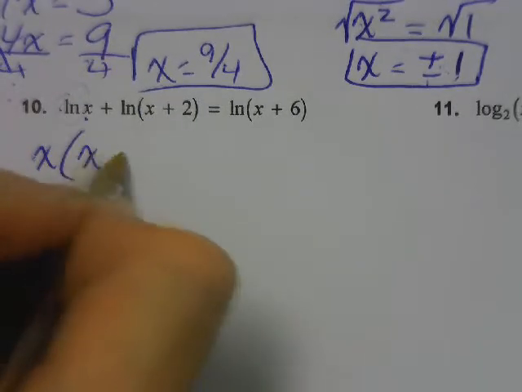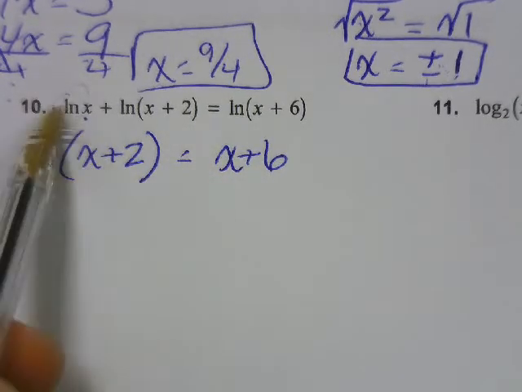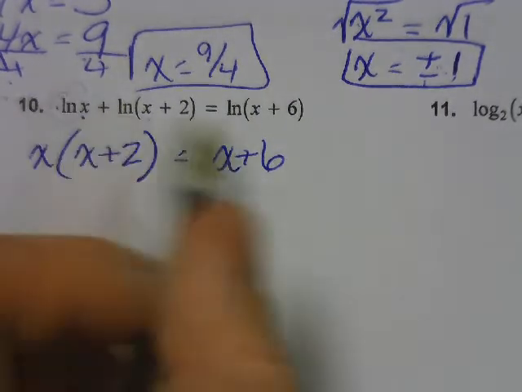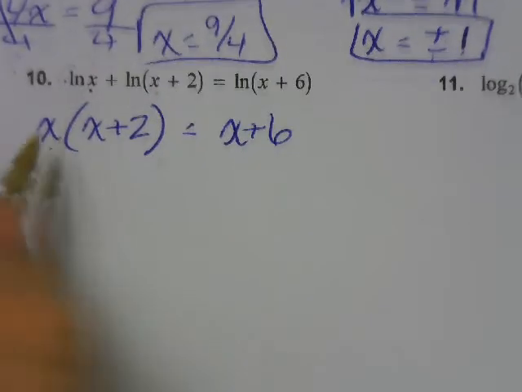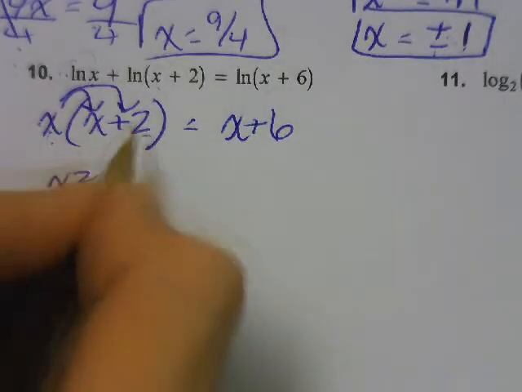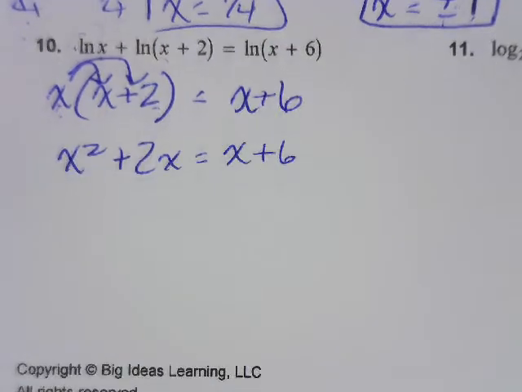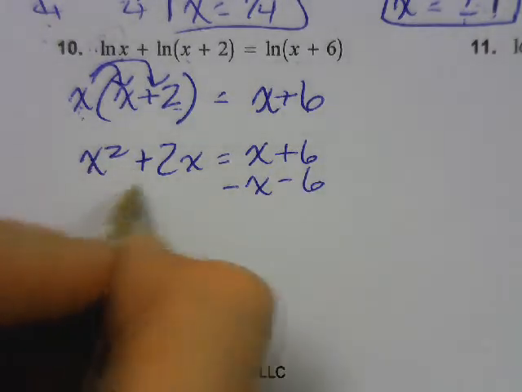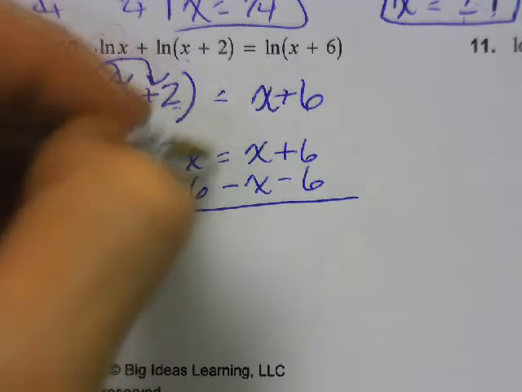Everything has a log in it, so we can just take a natural log, so we can just take out those logs, and we need to use our operations here. So x times x is x squared, and x times 2 is 2x, and then we have that equaling x plus 6. So we're going to subtract x and 6 from both sides, because this is a quadratic, and to solve it, we want it to equal 0.